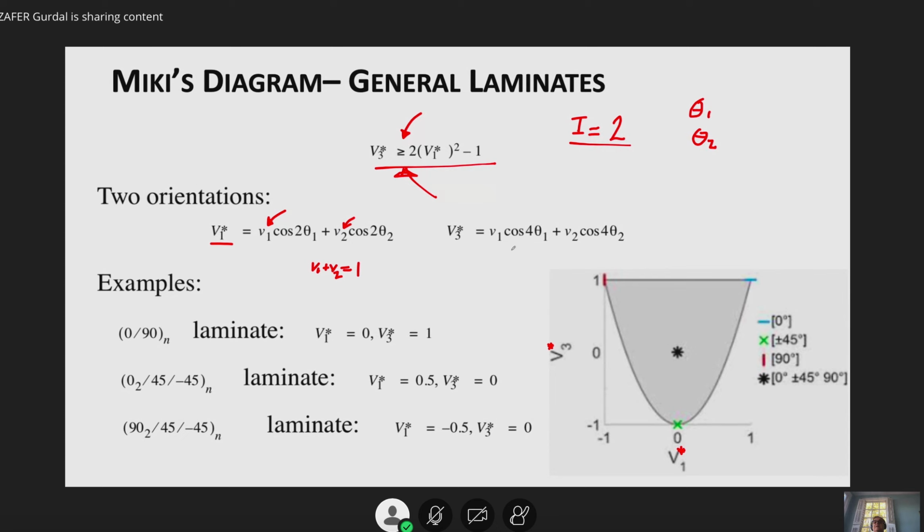And then V3 star is V1 cosine 4 theta 1 plus V2 cosine 4 theta 2.